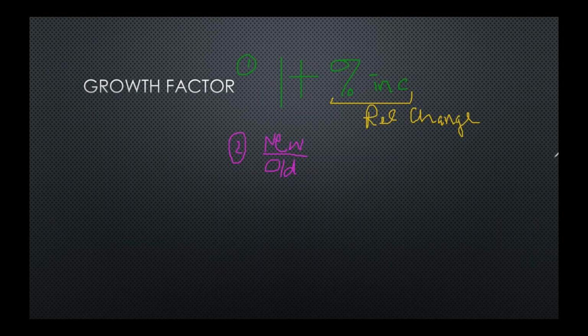The one other way that sometimes happens is they just straight up give it to you. So if they tell you that something doubles, well, doubles means multiplies by 2, so our growth factor would be 2. Or sometimes they might say something triples. Well, triples implies that you're multiplying by 3, so our growth factor would be 3.